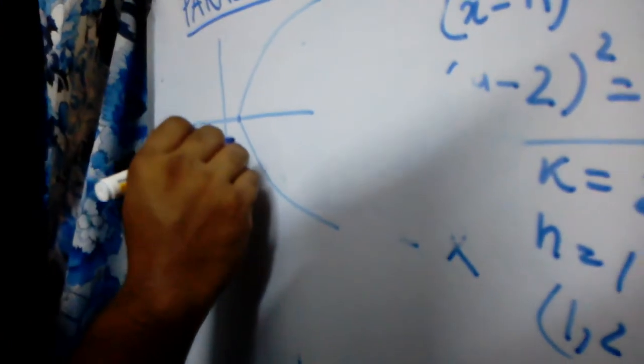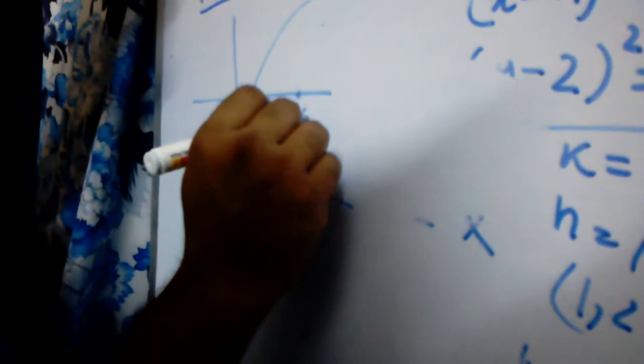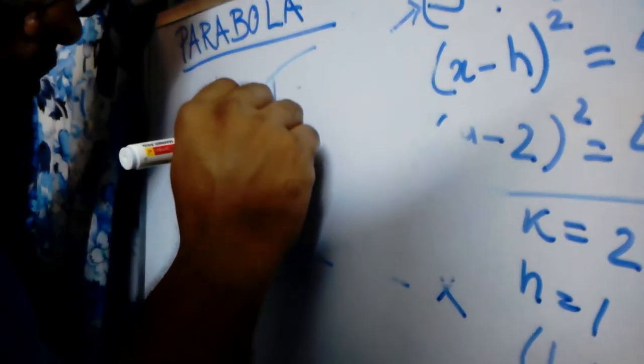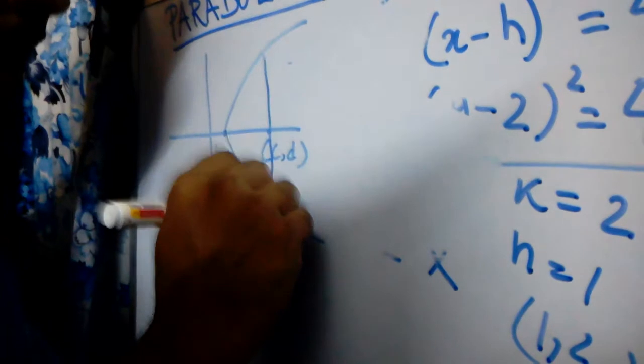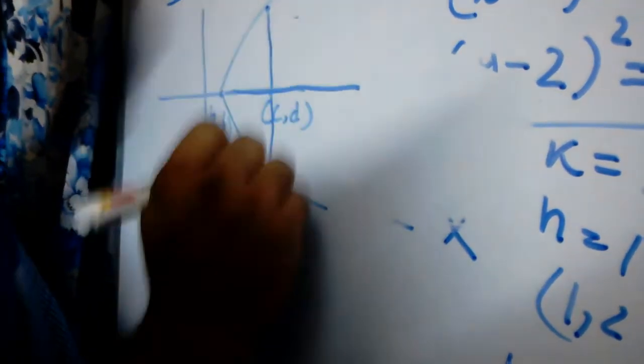Suppose this is A and B and this is C and D. C and D is the focal point. Now latus rectum is the line which is perpendicular to the axis of symmetry, which is the x-axis, as you can see, and joining the two opposite points and passing through the focal point, that is C and D.